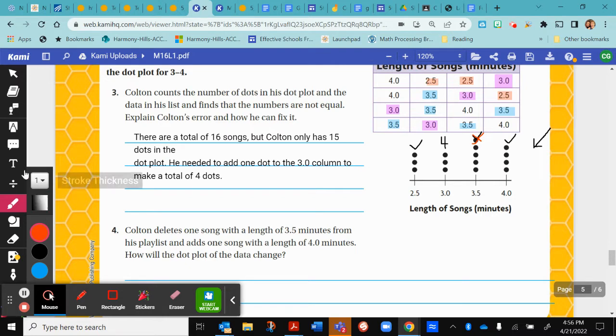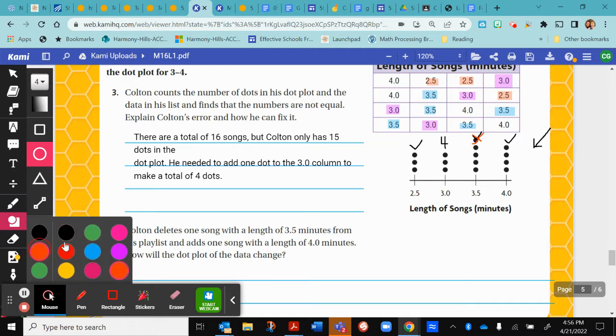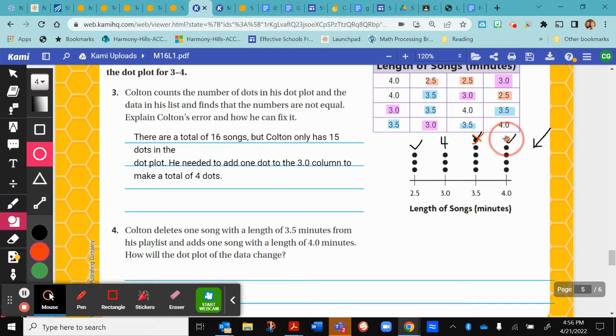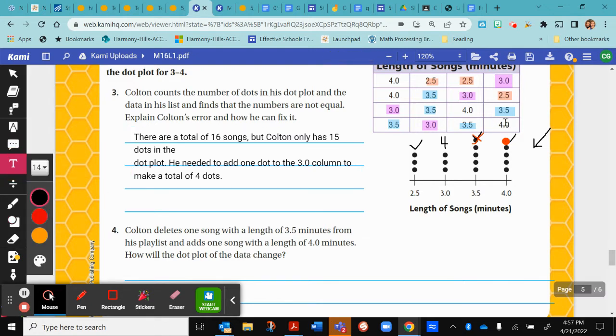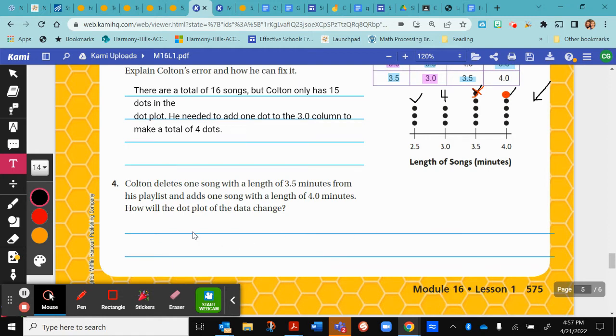So I'm going to do it in red, so I can show that this is what he's added. How will the dot plot of the data change?